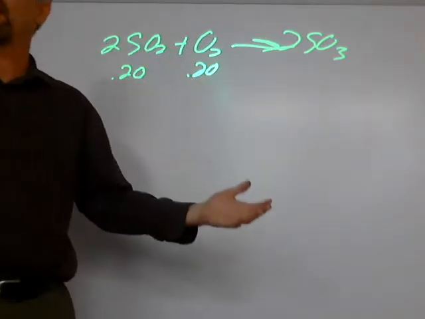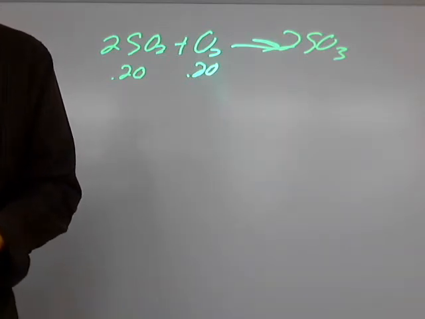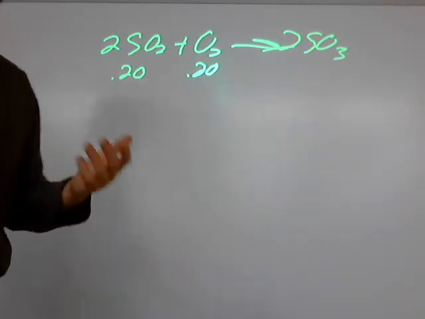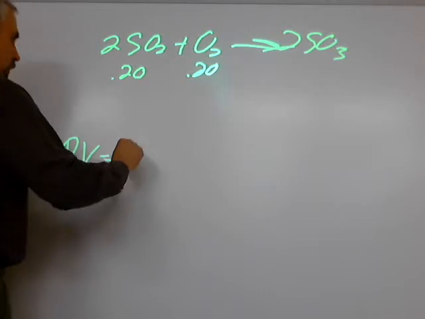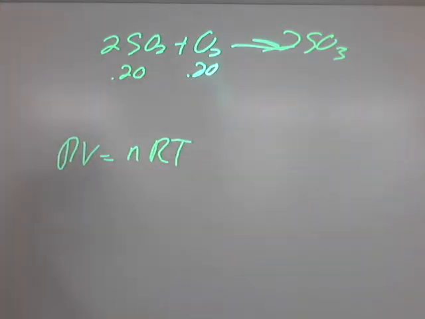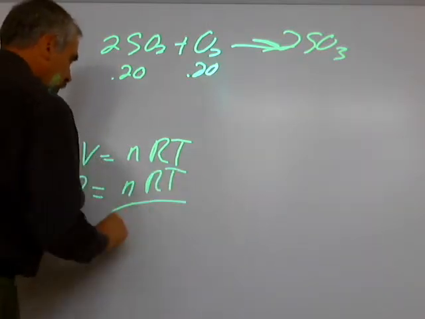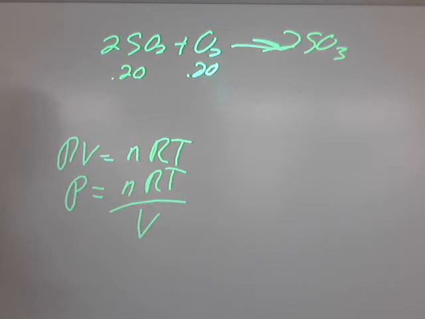Oh, by the way, it also involves gas laws, right? The question gives you a temperature and wants to know the pressure in the flask. Well, we know PV equals nRT. It wants to know the pressure, so P equals nRT over V, right? You all looking at this?